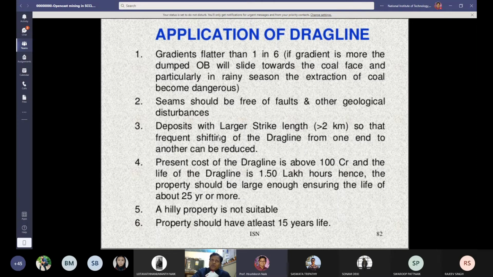For coal deposits, the strike length should be more than 2 km, so that frequent shifting of the dragline from one end to another can be reduced, and the dragline can be operated efficiently and economically, without shifting very frequently.